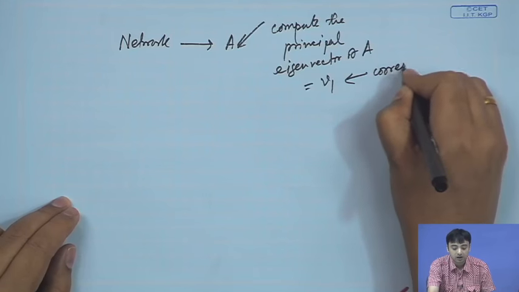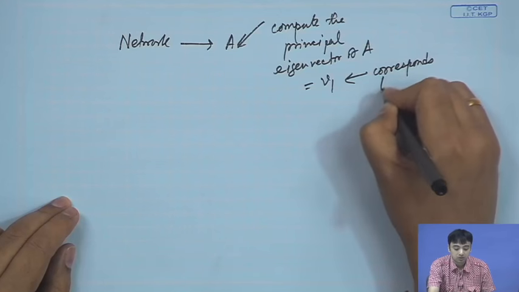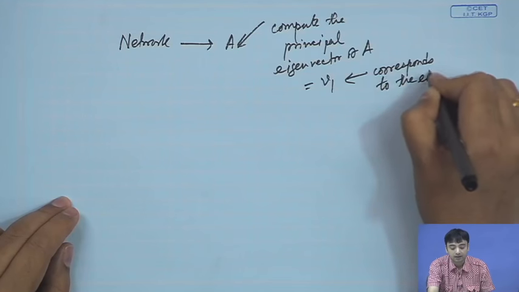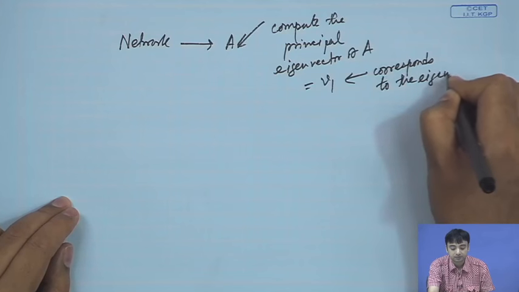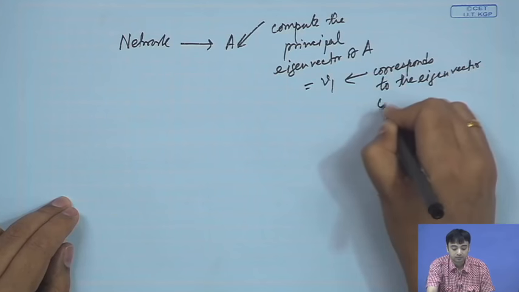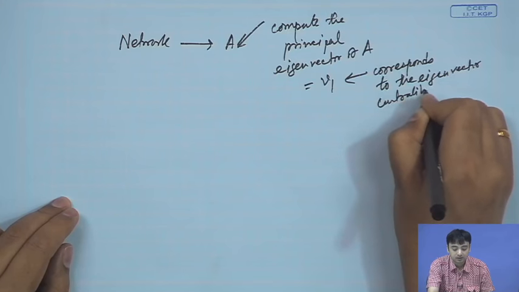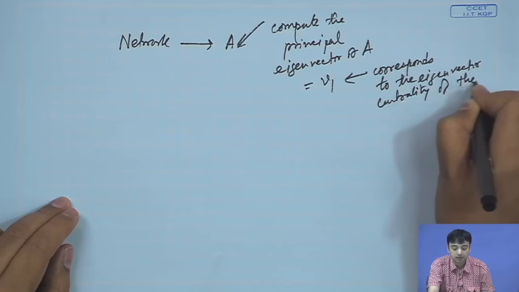This v1 corresponds to the eigenvector centrality of the nodes.